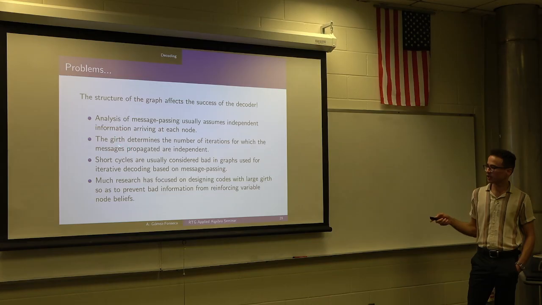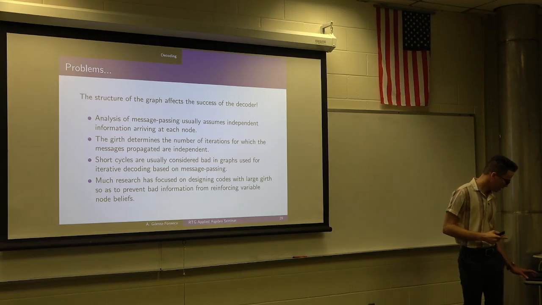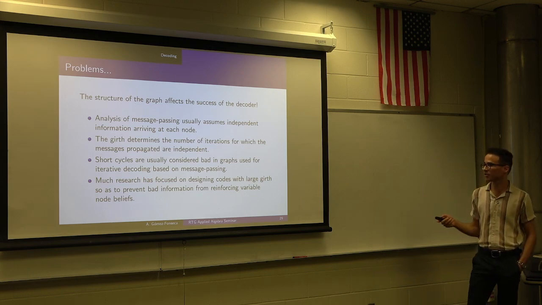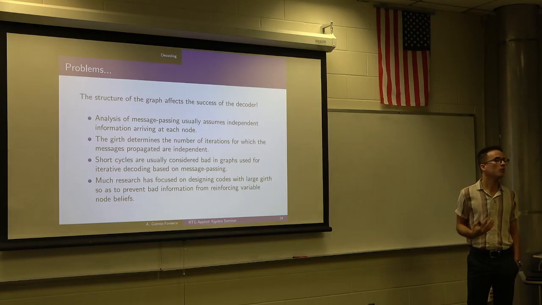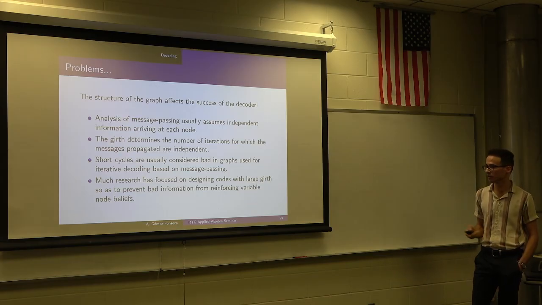The girth determines the number of iterations for which the messages are propagated independently. Once the information has been transmitted exactly the number of edges that corresponds to the girth, the messages are no longer independent, so you are introducing correlation, and that affects the performance of the decoder.